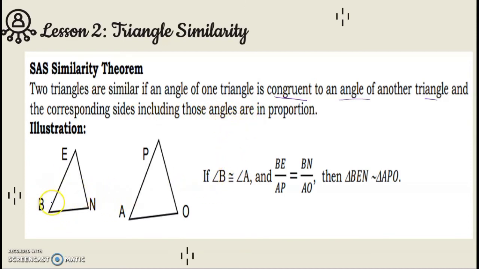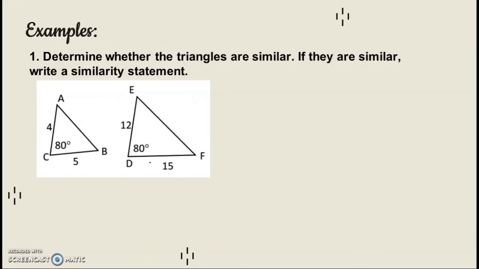So here, angle B is congruent to angle A, and CB over AP is equal to BN over BO. Yung angle na tinutukoy is yung nasa pagitan ng dalawang sides niyan. So kapag yun daw yung condition, automatic, they are similar by SAS similarity theorem.